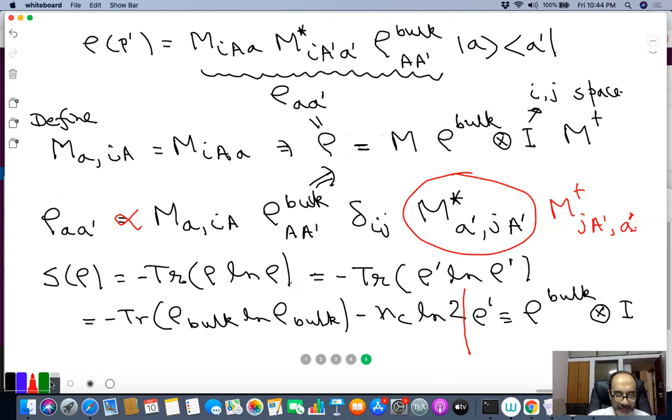So I can write this as S bulk, because this is the density matrix of the bulk. This is the entropy of the bulk density matrix, plus N C log 2.